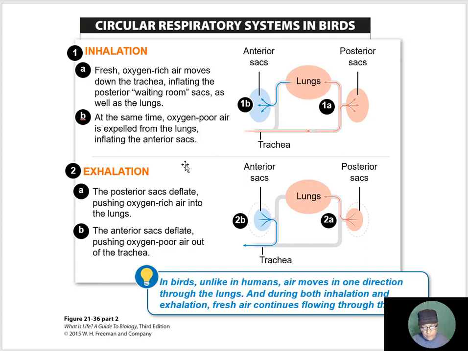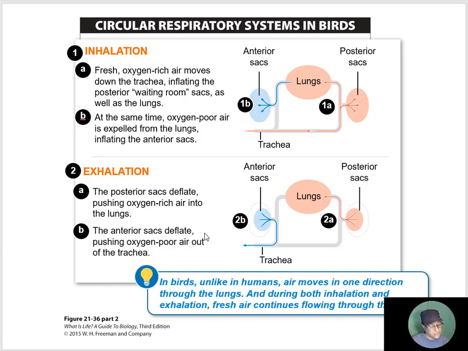And then when the bird exhales, the posterior air sacs deflate, pushing the oxygen-rich air into the lungs. So at exhalation, the posterior sacs deflate, pushing oxygen-rich air into the lungs, and then the anterior air sacs deflate, pushing oxygen-poor air out of the trachea.